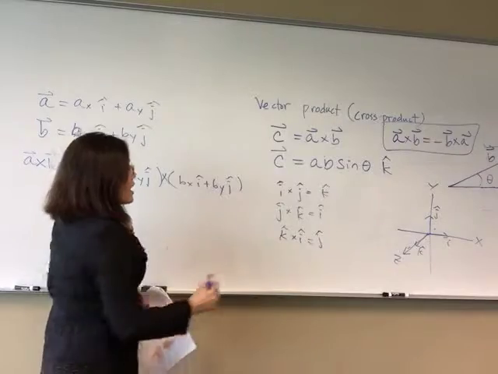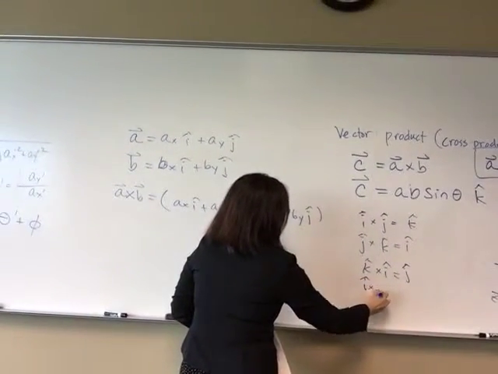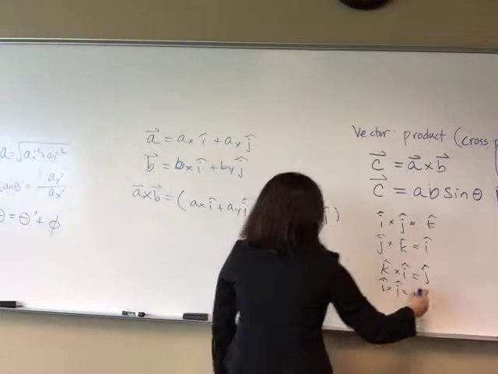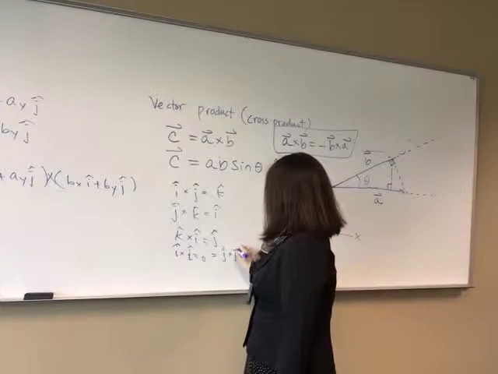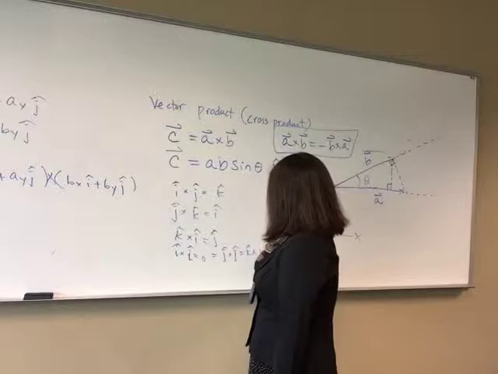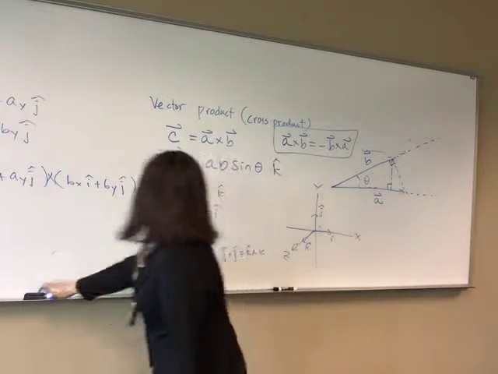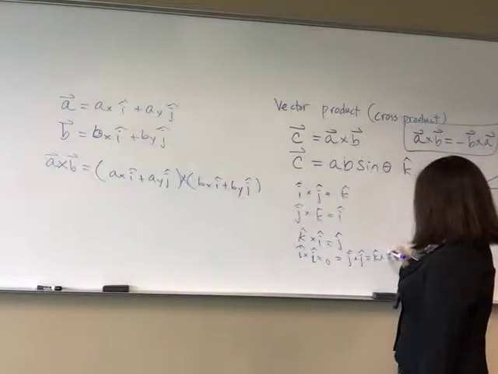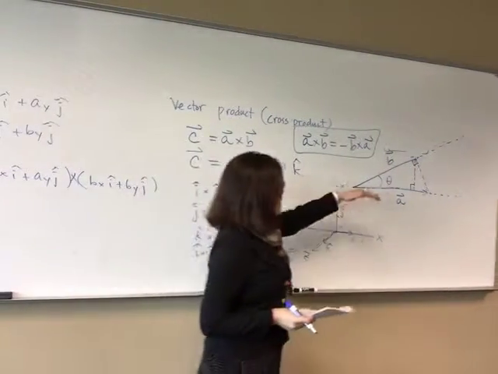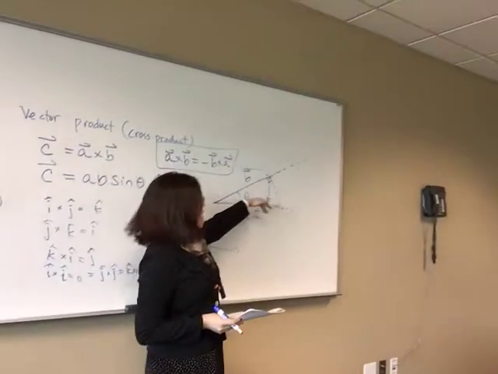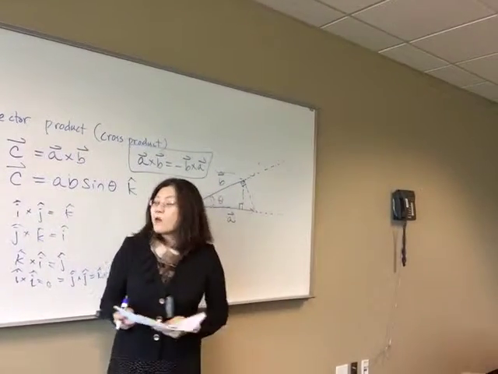What about i cross i? i cross i gives you 0. Likewise, j cross j gives you 0, and k cross k gives you 0. In other words, a vector product of vectors in the same direction will give you 0.